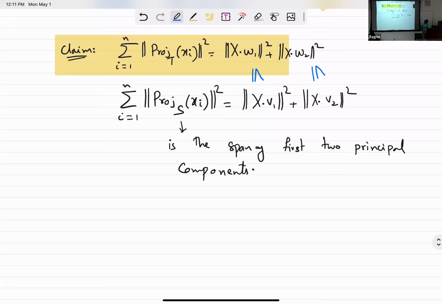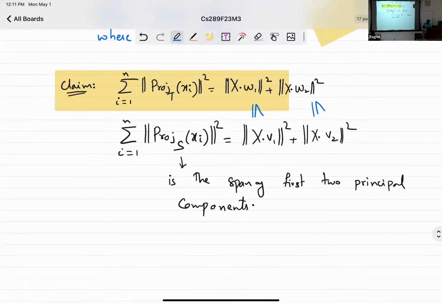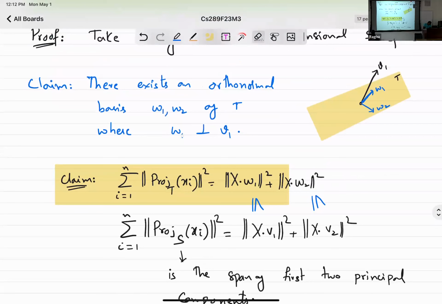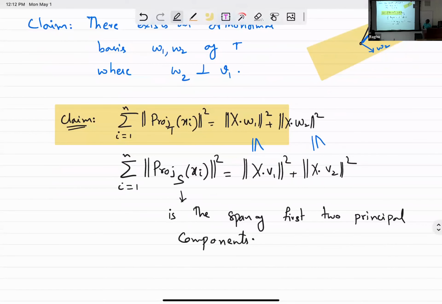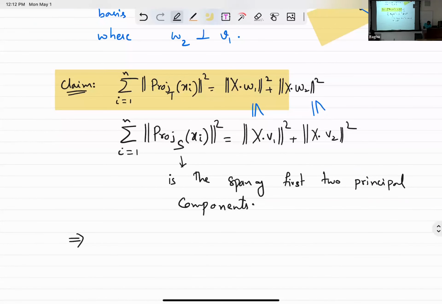And this is true because w2 is perpendicular to v1. Okay, that's how we chose it. So this implies that the score of T is at most the score of S.